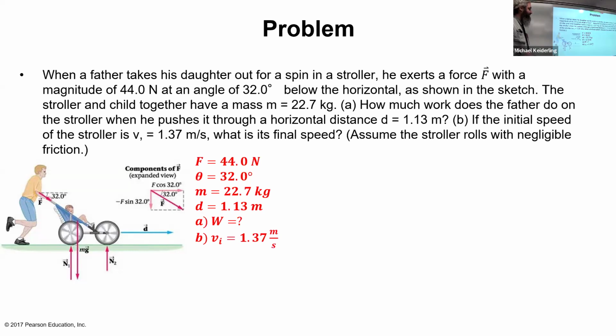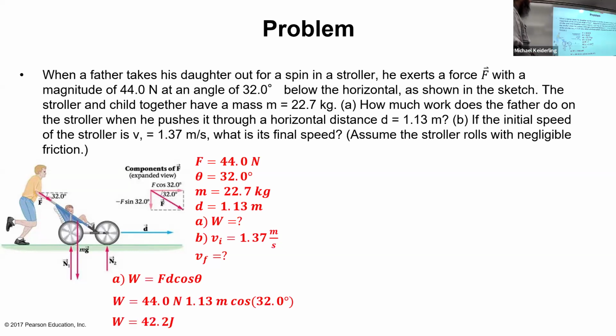Then we know the initial velocity is 1.37 meters per second, and we want to find the final velocity. So let's start. Work is force times distance times cosine of angle. The 44 newtons times 1.13 meters times the cosine of 32 degrees. That's just 42.2 joules. The work is fairly straightforward.